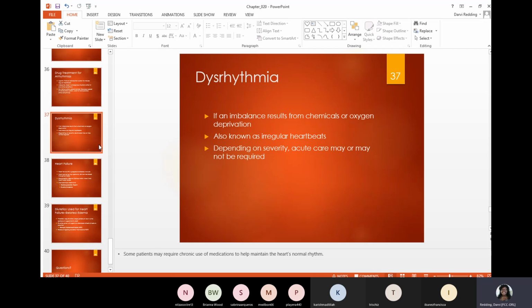Some patients may require chronic use, chronic meaning long term, of medications to help them maintain the heart's normal rhythm.